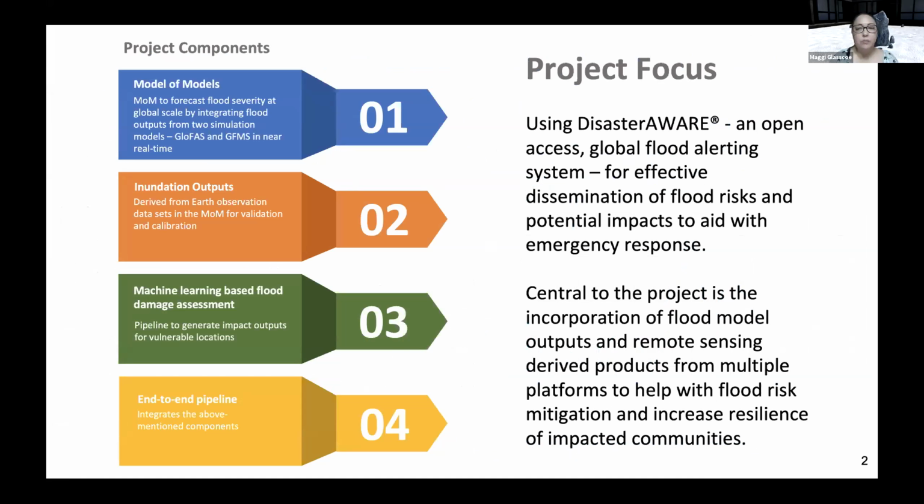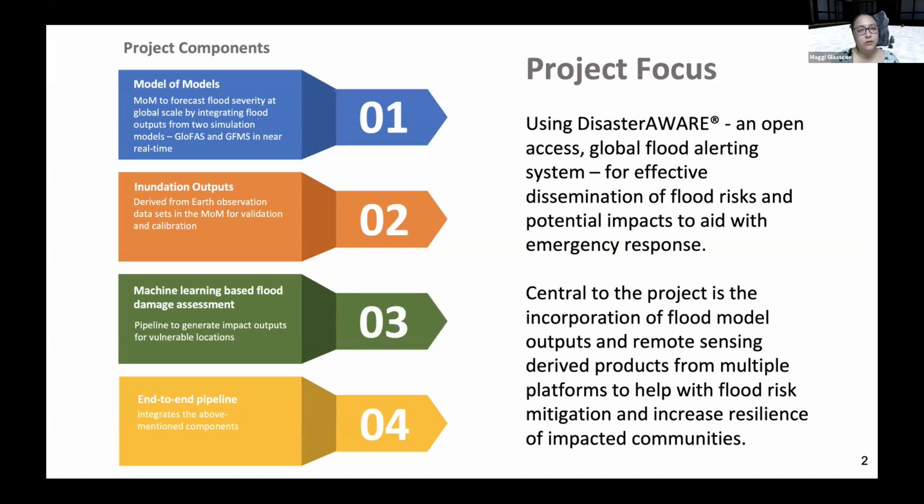Central to the project is incorporation of flood model outputs and remote sensing derived products from multiple platforms to help with the mitigation of flood risk and increased resilience of impacted communities. The 4 main components are a model of models approach to help forecast severity at a global scale by integrating flood outputs from 2 simulation models, and I'll go into that specifically in this talk.